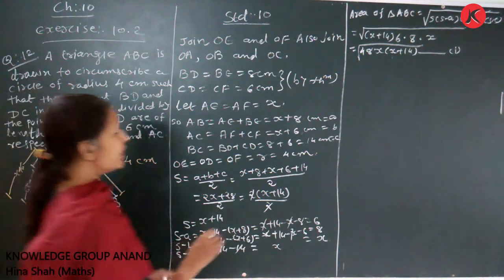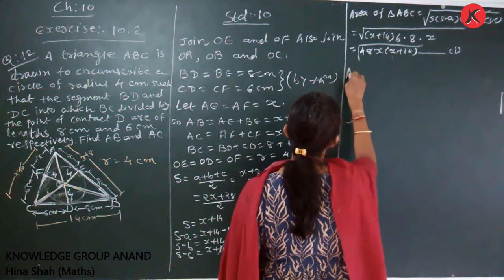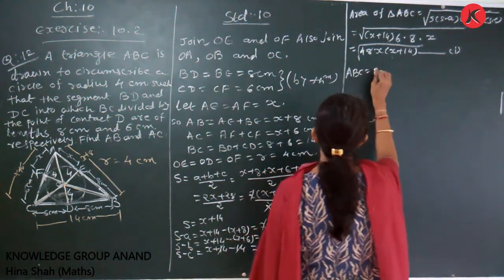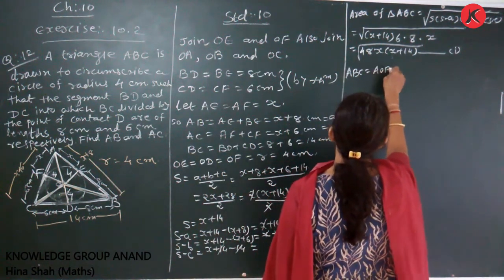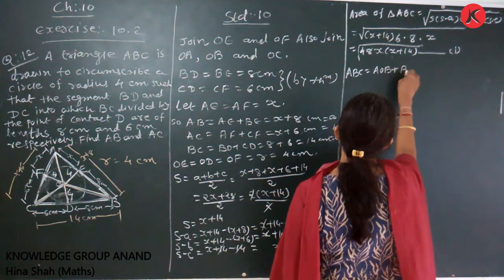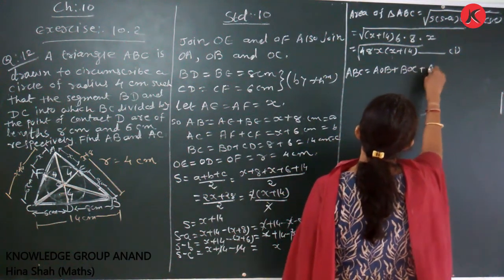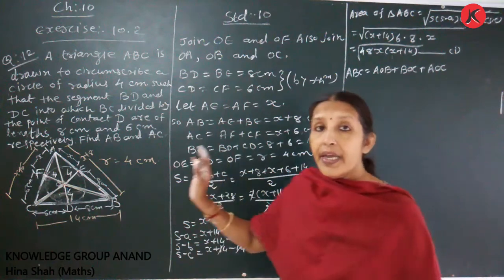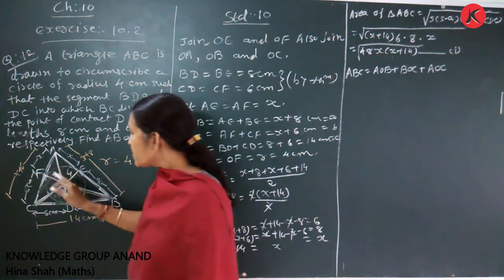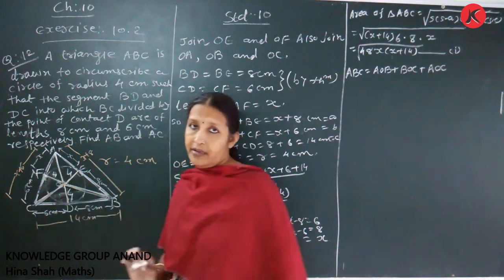We know area of triangle ABC is equal to AOB plus BOC plus AOC. Area of triangle is equal to the sum of these three triangles.